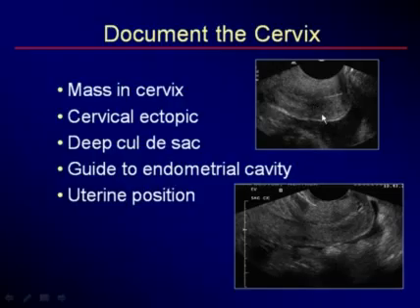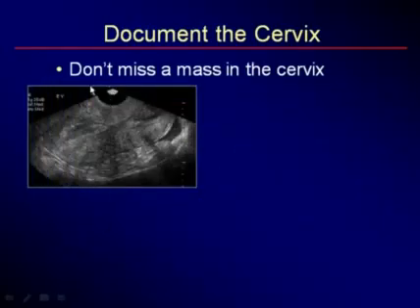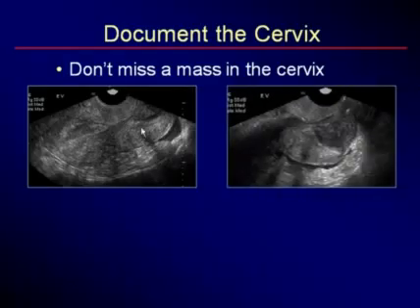So we want a nice view of the cervix. This is not adequate. Such a view of the cervix where the cervix is half cut off here is not adequate. We want to be 90 degrees. Here we are a little better, but not good enough. We go completely 90 degrees and we see that there is a mass in the cervix. It's actually bulging out.